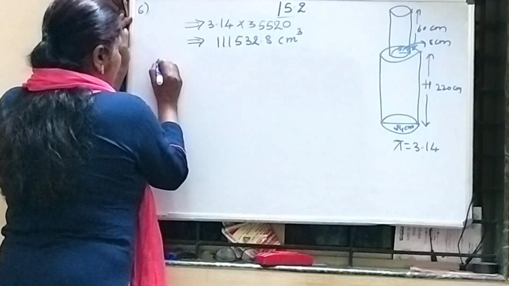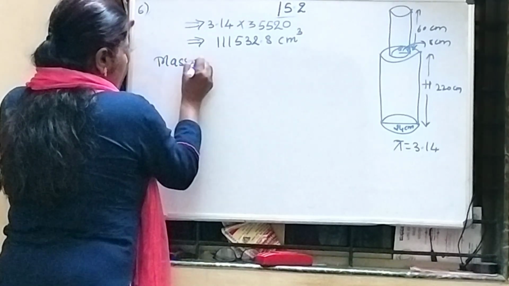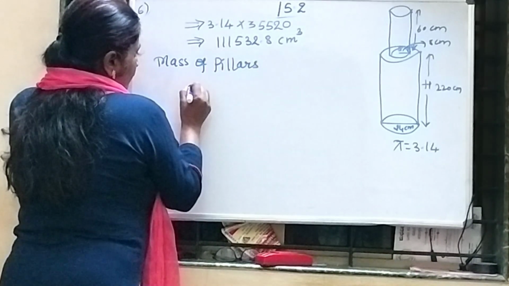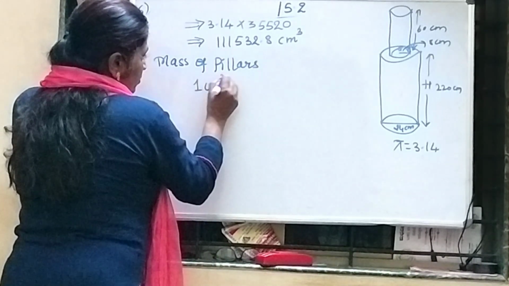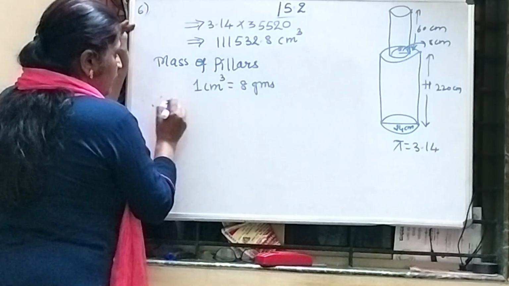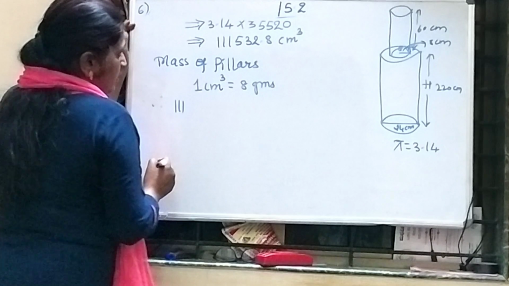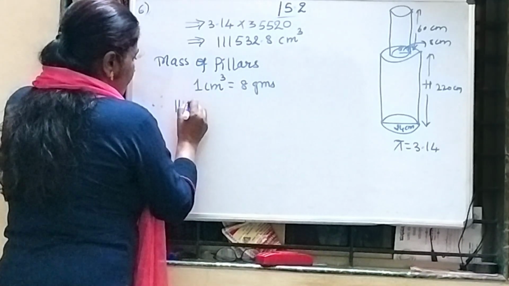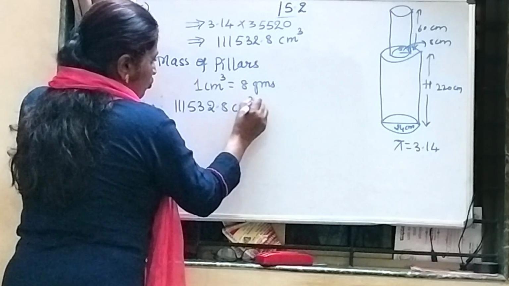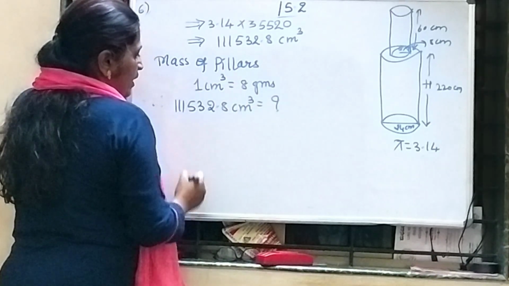So to find the mass of the pillars, 1 centimeter cube is equal to 8 grams. Therefore, 111,532.8 centimeter cube is equal to how many grams?